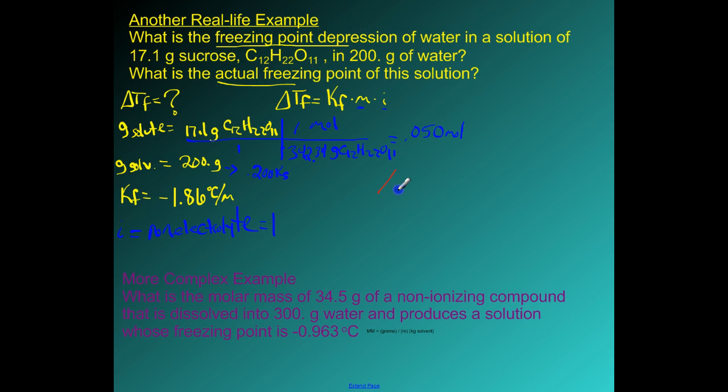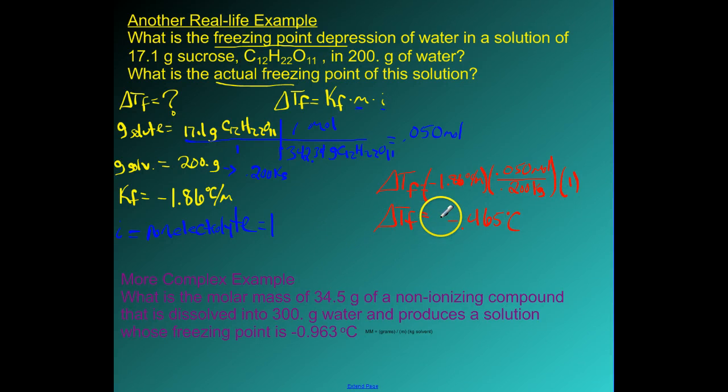So my delta T_f is going to equal the freezing point constant of negative 1.86 degrees Celsius per mol times the molality m of the solution. So it's 0.050 moles per kilogram of solvent, which is 0.200 kilograms, and then of course times 1 for the i value. So I can substitute in and then simply type in my calculator to obtain the final answer.